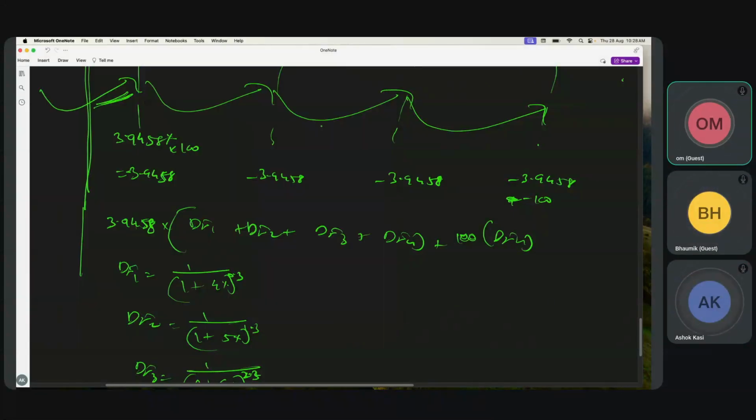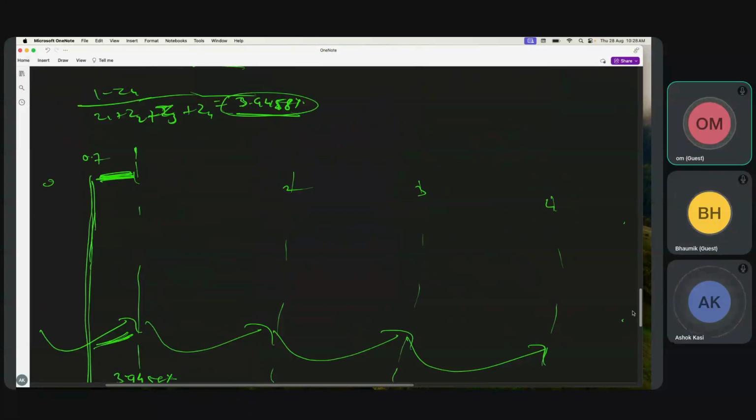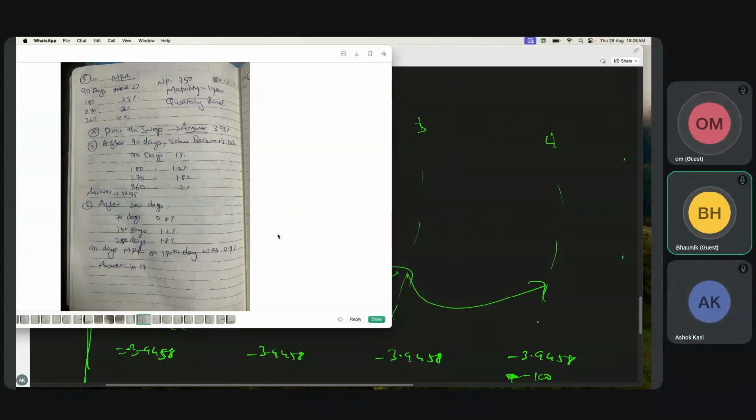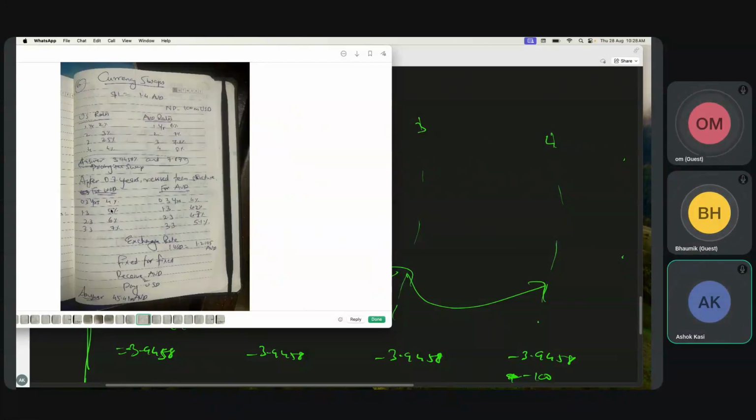So here also the same way: after 0.7 to 1, this gap is 0.3 years. It's the same way only, no?